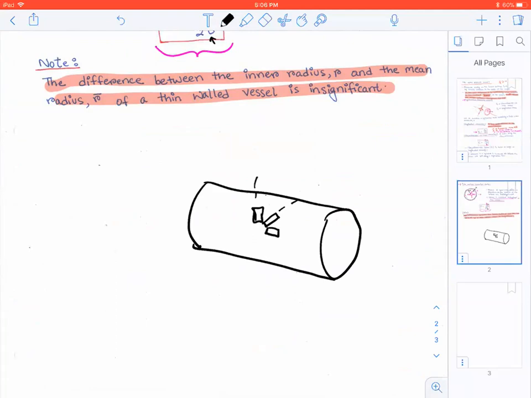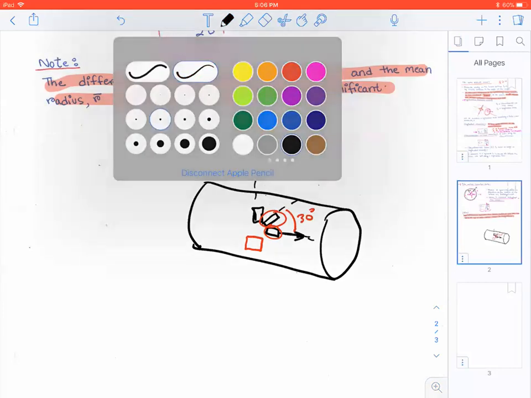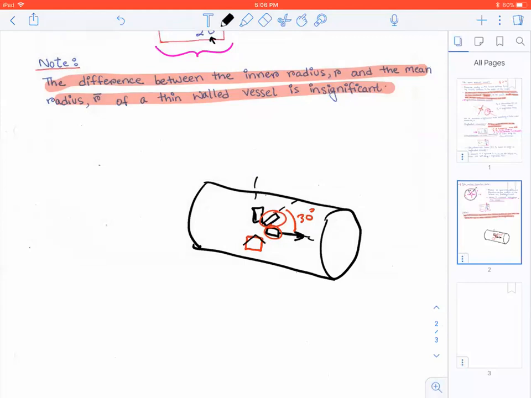So when you have a strain gauge in this direction, it's measuring the strain in this direction. If you take a small element for this particular one, it is going to be just like this. For this one, if this is the angle, say 30 degrees, then you have to rotate it by 30 degrees.